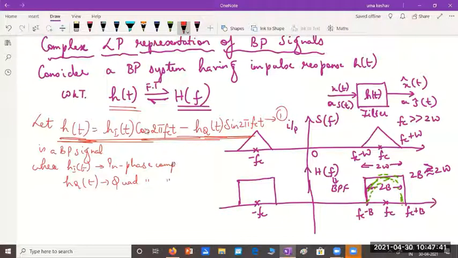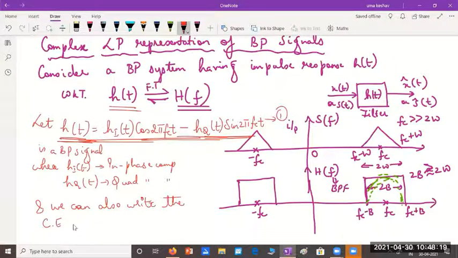So any bandpass signal can be represented in canonical form like this, and we can also write the complex envelope. Remember, I told you the complex envelope usually represents the low pass signal, and the pre-envelope represents the bandpass. Anyway, since I want to get the low pass representation of the bandpass, I am trying to use the complex envelope. Okay, you should think why we are using this.